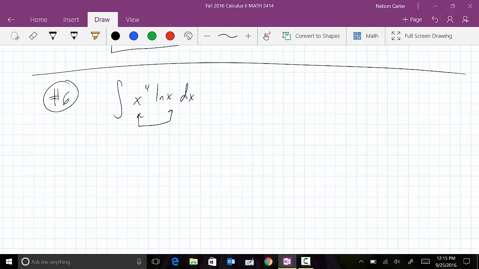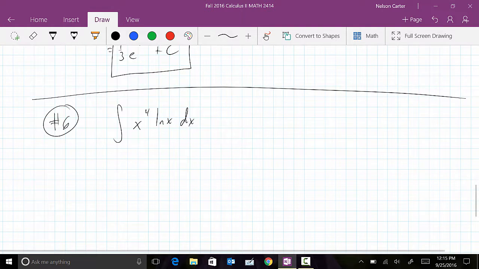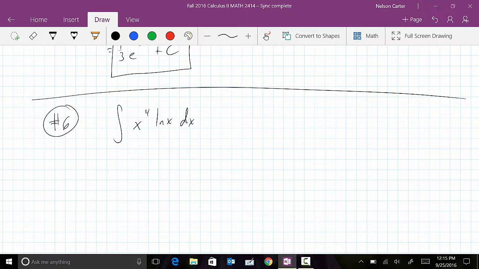Now, if you remember, I kind of gave you guys that rule of thumb. A lot of times you don't necessarily need it, but in this one, I want to pick my logarithmic to be the thing that I want to take a derivative of. The reason is because I know its derivative is 1 over x, which means this is going to get knocked down a little bit, and then that second integral ought to just be a simple, straightforward power rule.